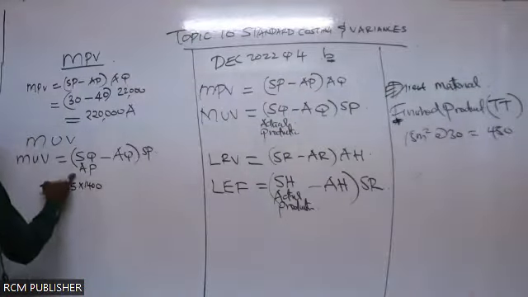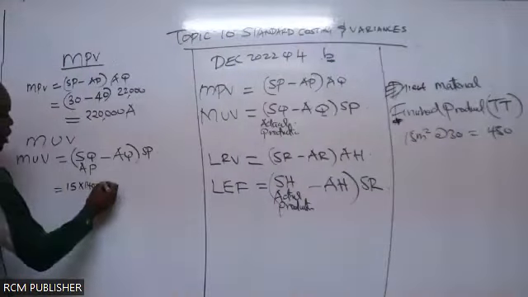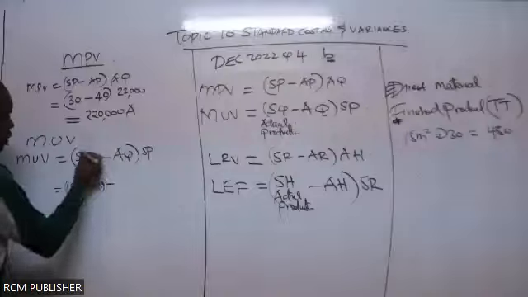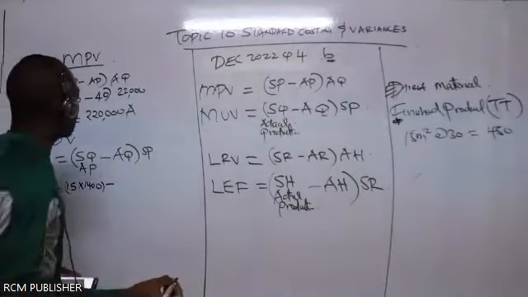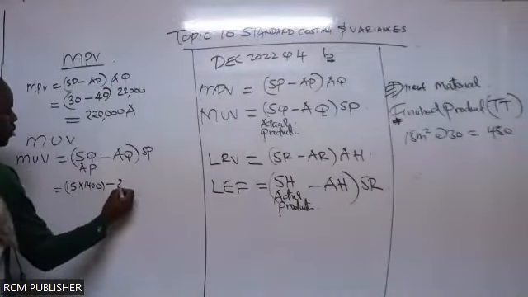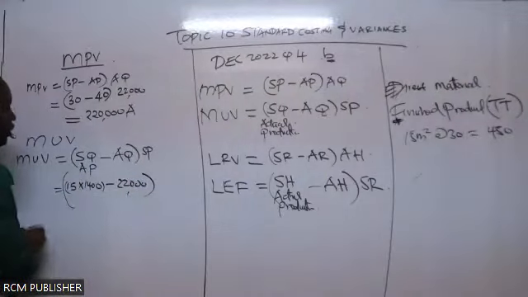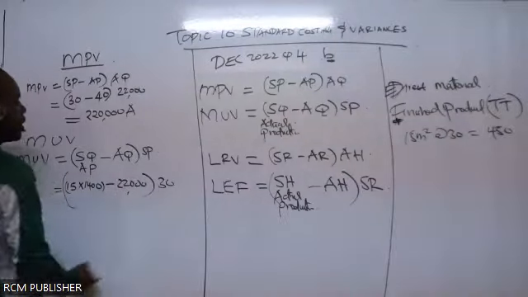So it is the standard quantity in actual production, then minus the actual quantity of the raw material that was used. The actual quantity we used up here. So I less 22,000. Then I will multiply this by the standard price, which is already provided up there.